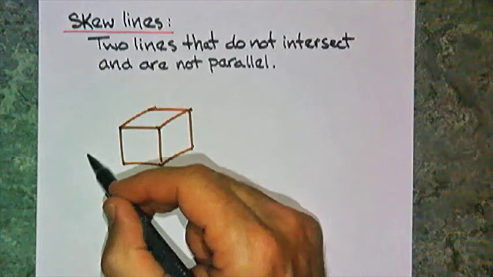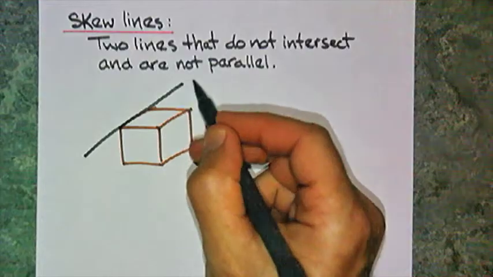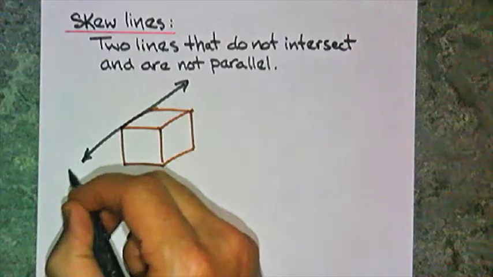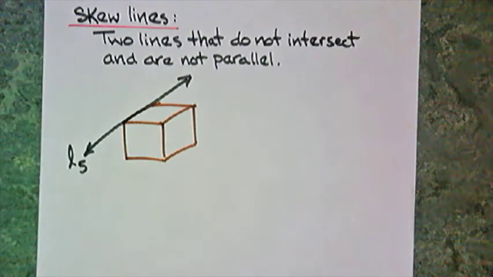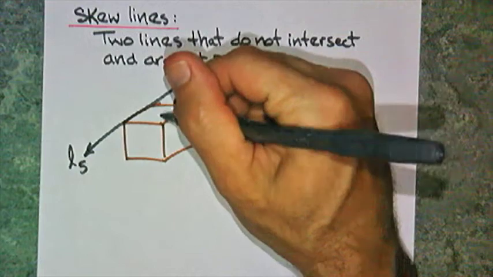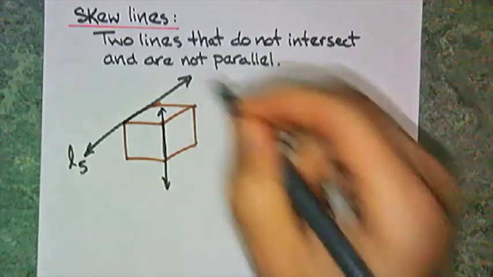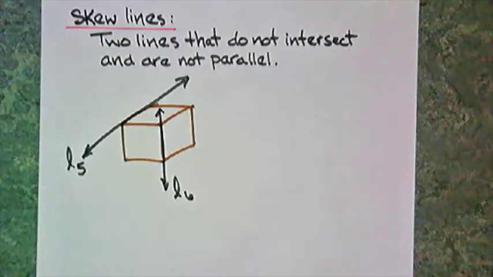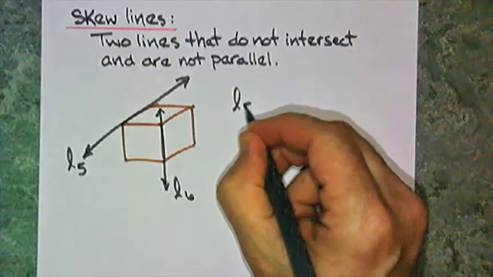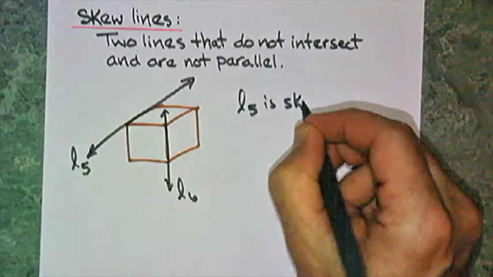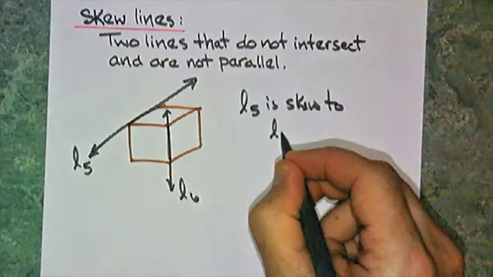There's a line that follows this edge. Let's say that line 5 follows this edge. There's another line that follows this edge. Those two lines never intersect. Those two lines are also non-parallel. So those two lines are skew lines. Line 5 is skew to line 6.